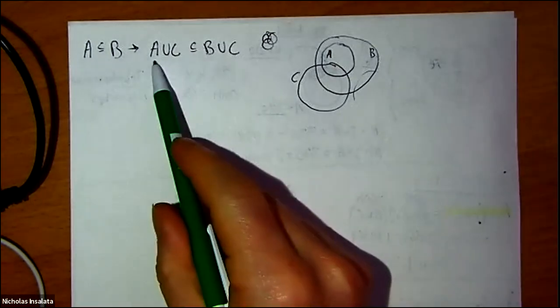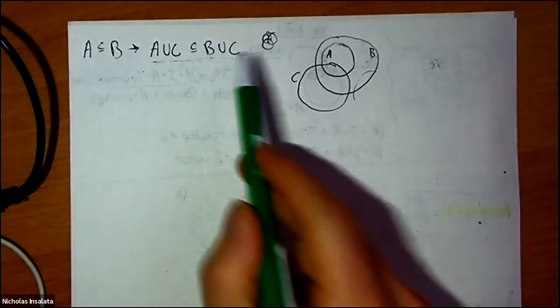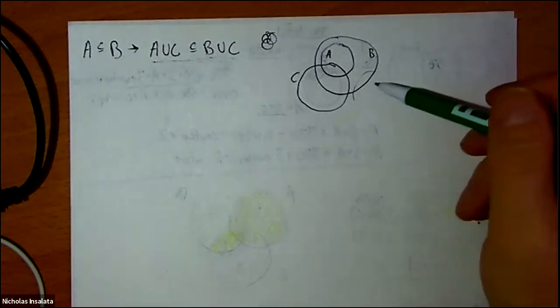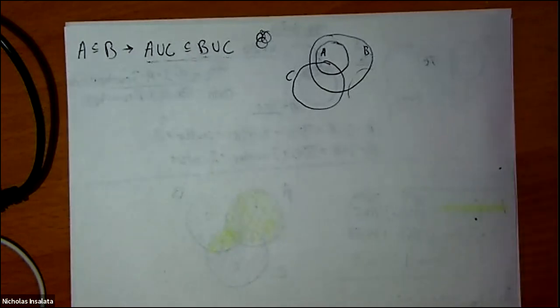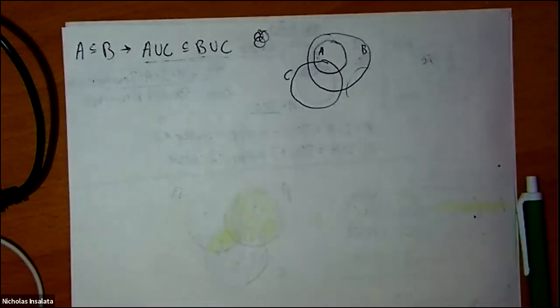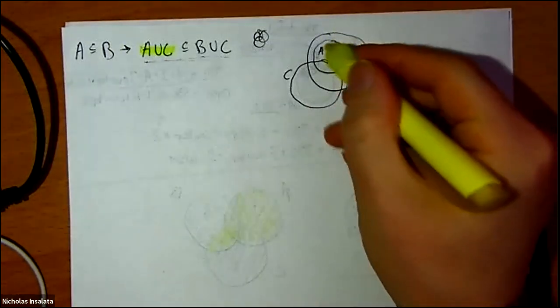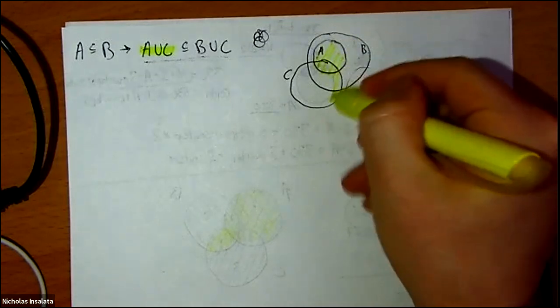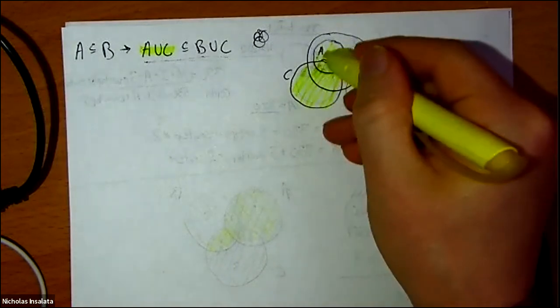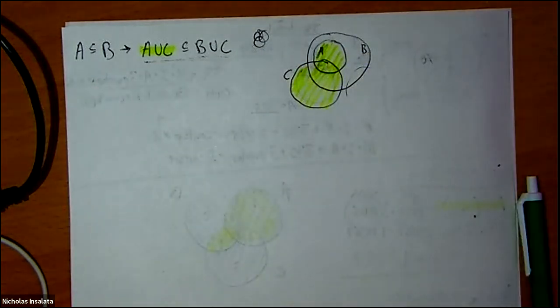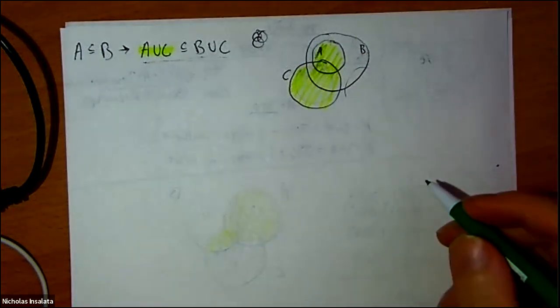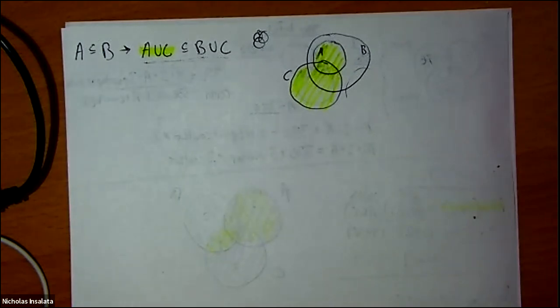Now I think we can examine our conclusion. We want to look at A union C. So let's highlight A union C. So here's A union C. And we want to know, is that contained in B union C?